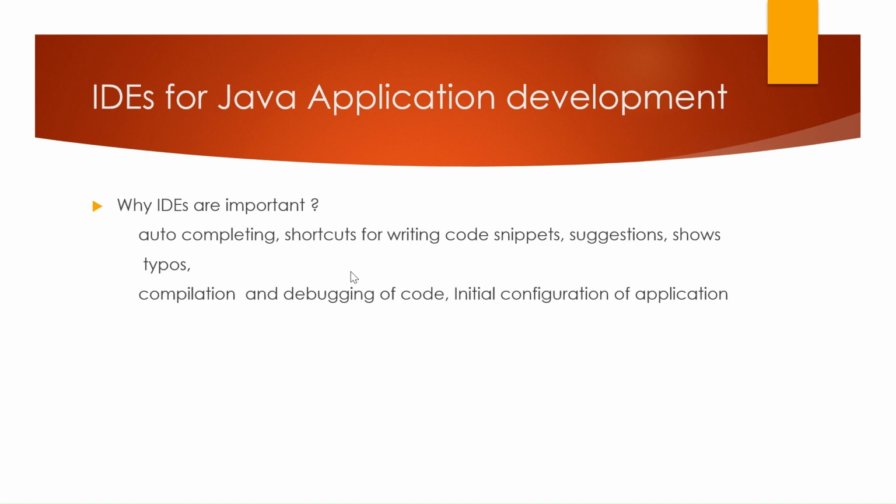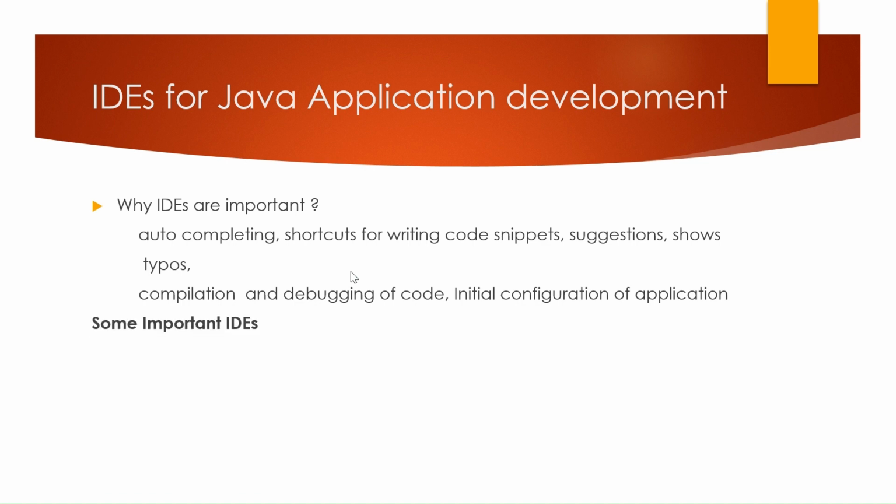Okay, so these are some of the advantages, and currently many IDEs are also using AI features in their code environment. They also debug, and they also provide auto compilation features inside your IDE. So IDEs are helpful to write code faster and more efficiently, and without any typos.